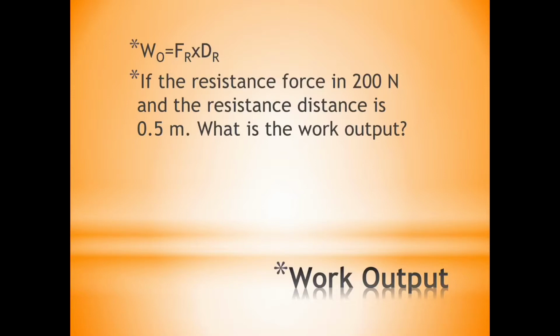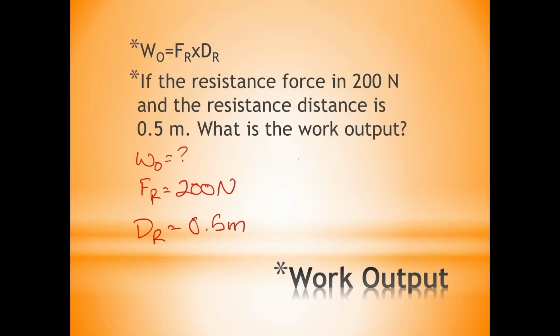So let's try this practice problem. If the resistance force is 200 newtons and the resistance distance is 0.5 meters, what is the work output? So we are looking for work output. It said our resistance force is 200 newtons, and it says our resistance distance is half a meter.